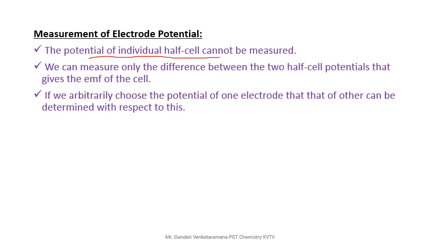We should fix the potential of one electrode. It should be considered as the reference only. So first, arbitrarily choose the potential of one electrode. By using the potential of that fixed electrode, now we can calculate the potential of the other electrode. Clear?